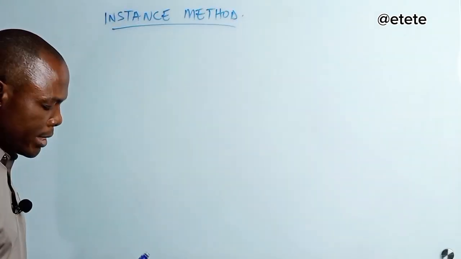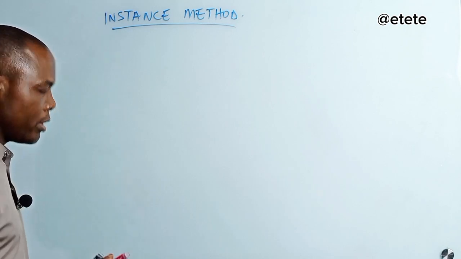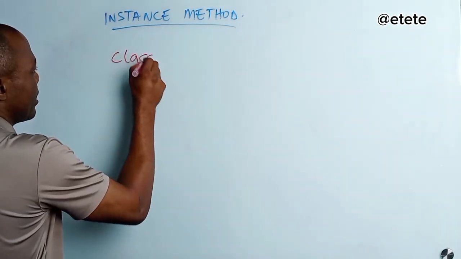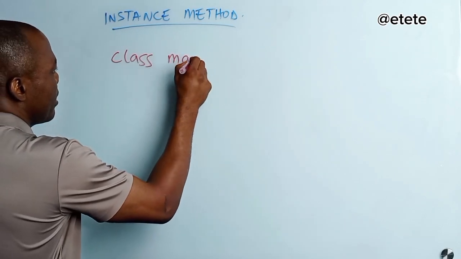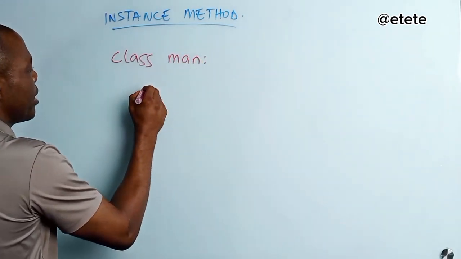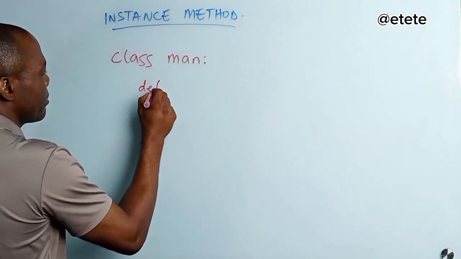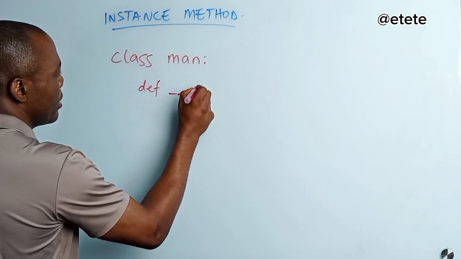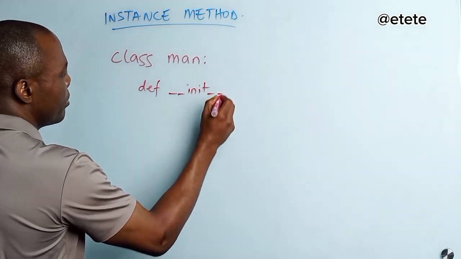Now, let's go ahead and create the class that we've been using. Before, I will declare a class, right? Class man. Then I will say define, then I will call the initialization keyword.